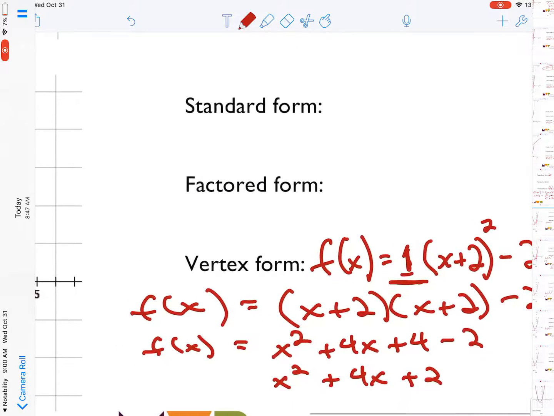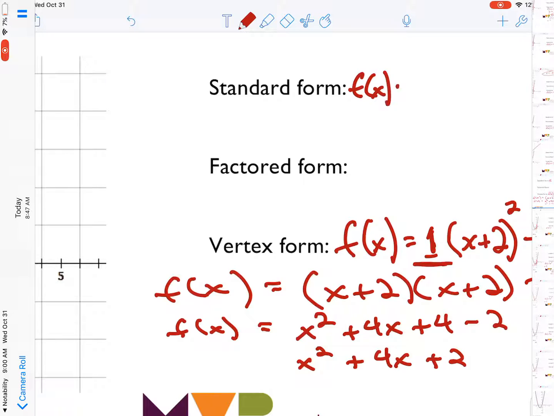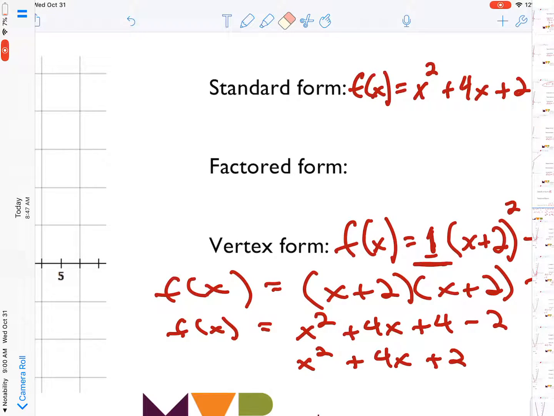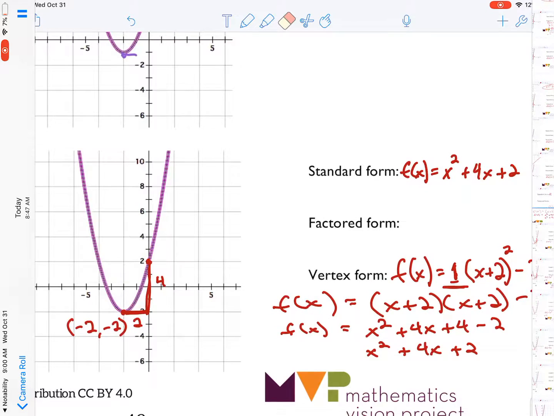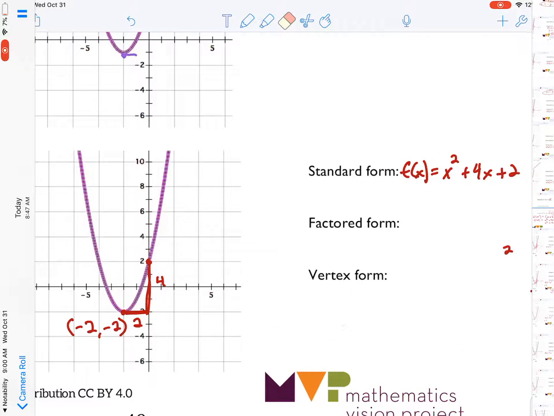So our standard form equation is f of x is equal to x squared plus 4x plus 2. Okay, so let's take it now into factored form.